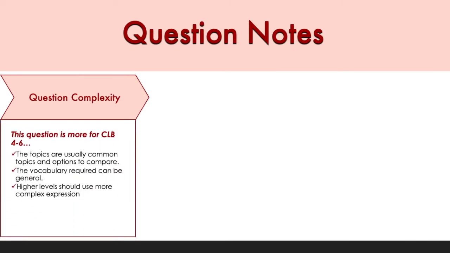This question is more for CLB 4 to 6. The topics are usually common topics, and the options are usually common to compare. The vocabulary required can be general. Higher levels should use more complex expression.